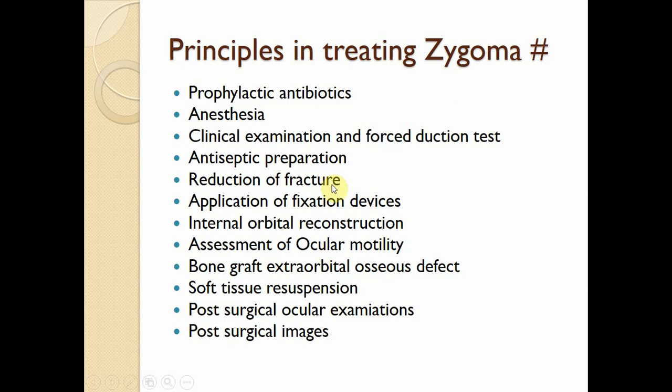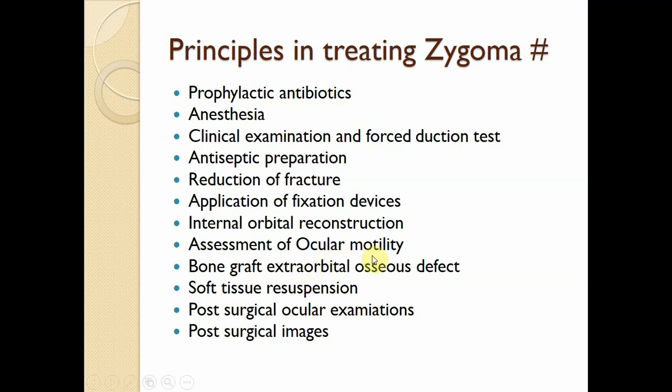Then the reduction of the fracture. Then the application of a fixation device, which might be mini plates or wiring, like that. Then internal orbital reconstruction. If there is a defect of the orbit, the floor of the orbit is very thin, so there can be a fracture in that area. We will reconstruct with titanium mesh, mini plates or graft.